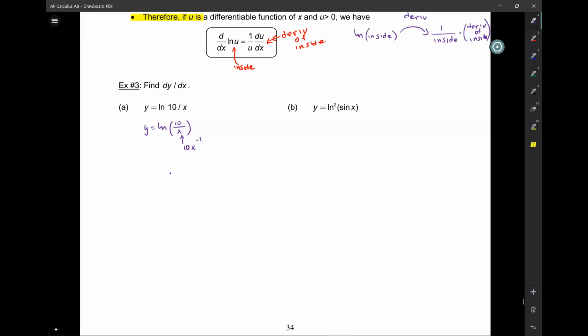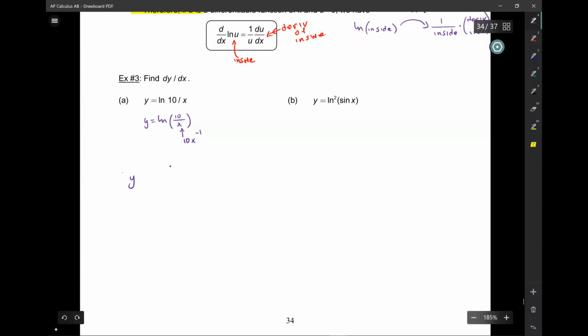So dy dx is equal to 1 over the stuff inside. If the stuff inside is 10 over x, what's 1 over that? x over 10, the reciprocal, times the derivative of the inside, which is negative 10 x to the negative 2.